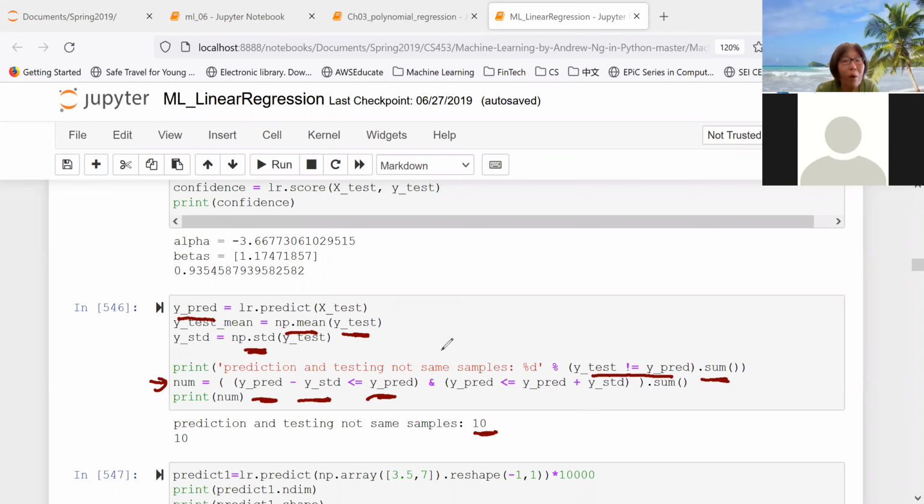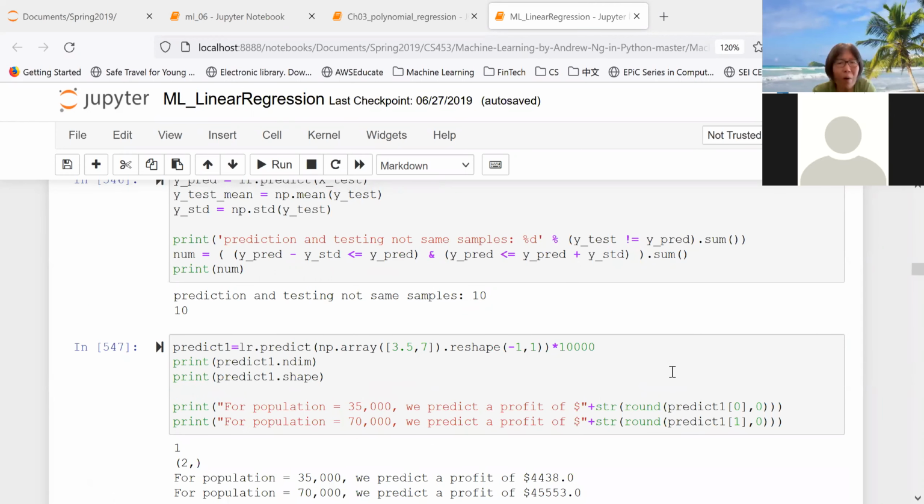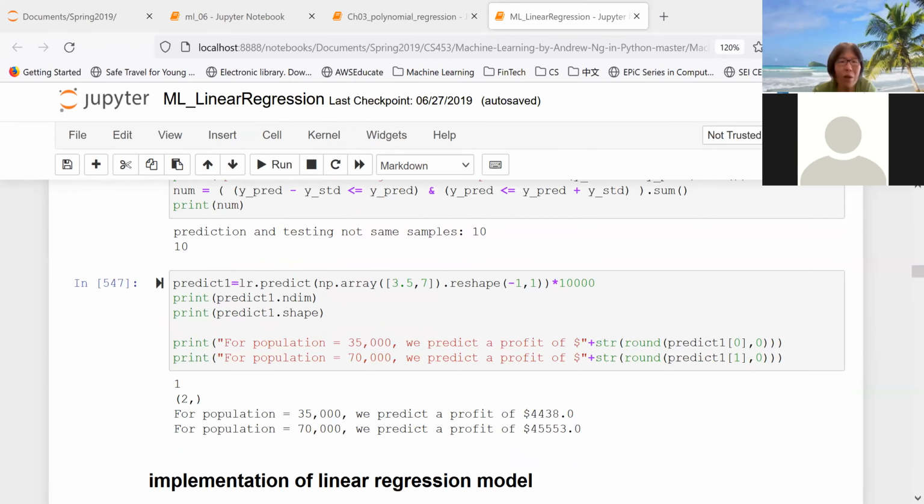So how many will fall within that range? Over here it's one standard deviation, and here it also tells us 10. So we can collect more performance-related metrics.